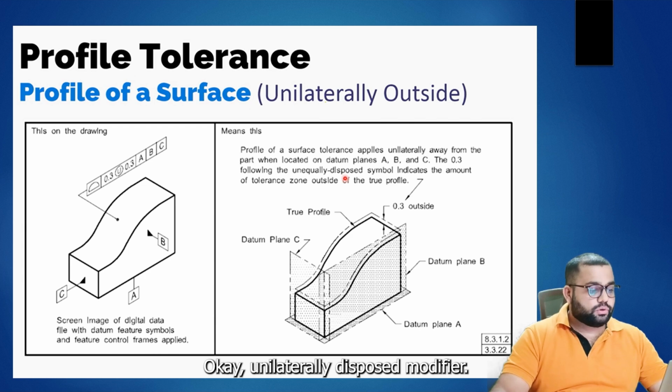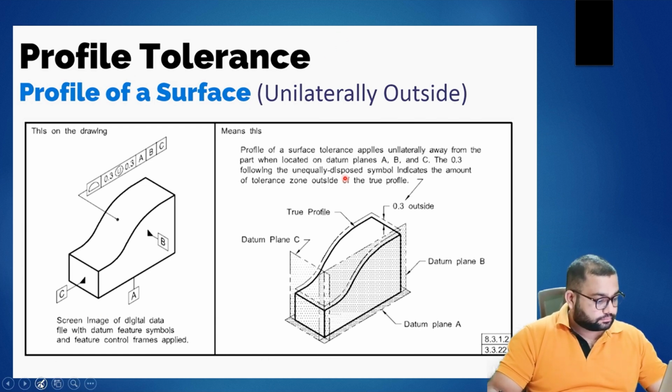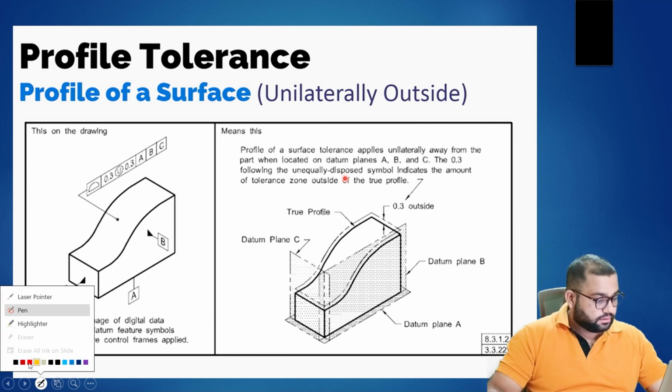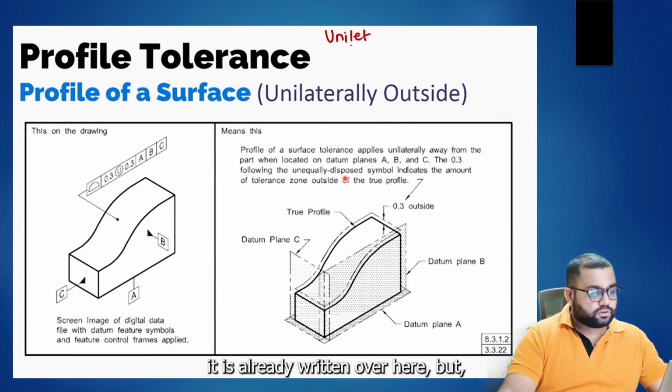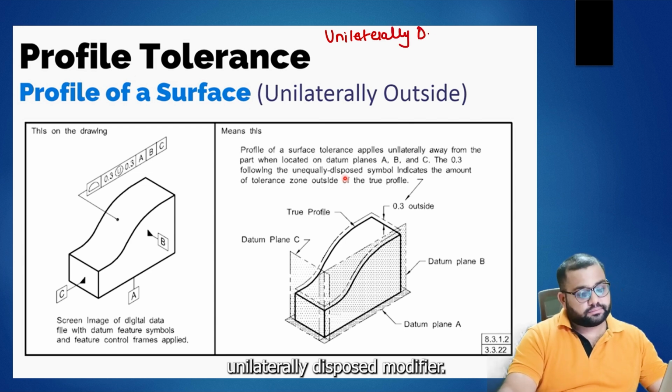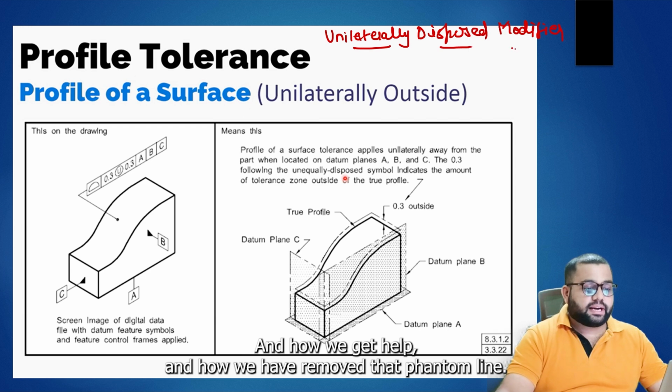I will write it down over here. Unilaterally disposed modifier. So what does this mean, and how have we removed that phantom line?